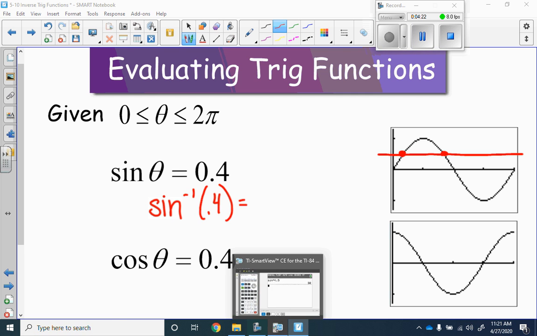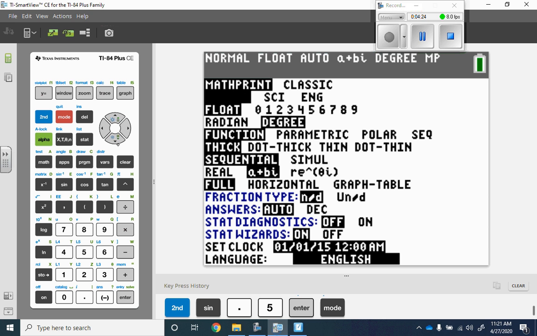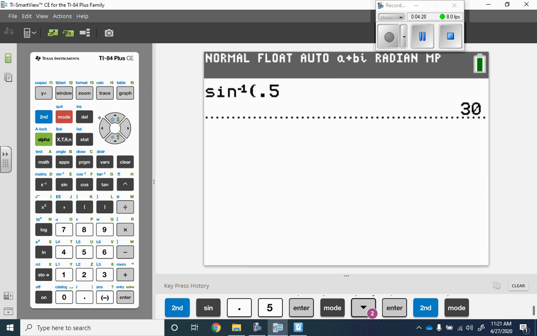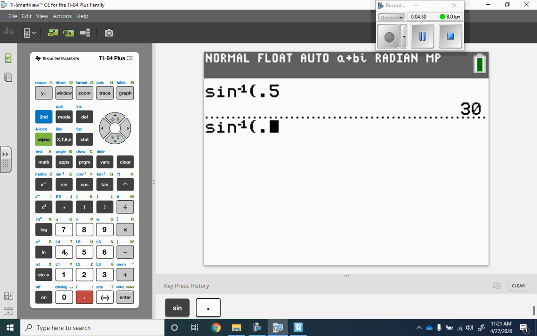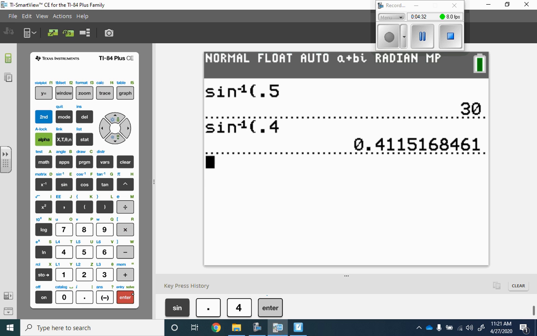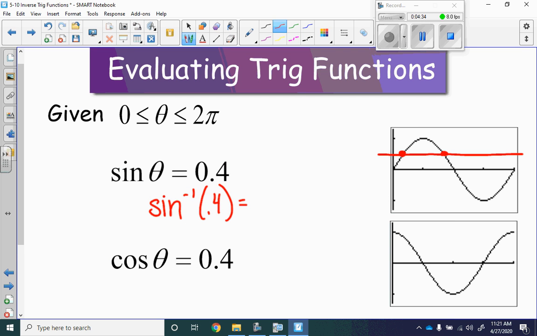Now, once again, if I go to my calculator and change my mode to radian mode, and I take the inverse sine of 0.4, I get 0.41 radians. And that is where we are crossing over that red line.